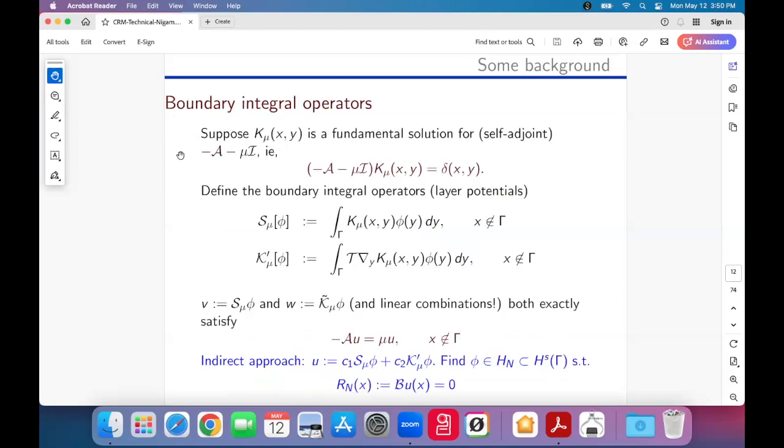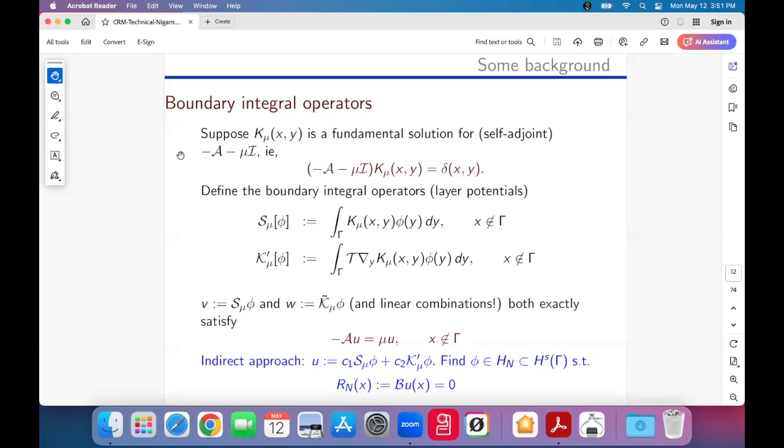So here's a quick refresher about boundary integral operators. I'm not sure if all of you are familiar with this, so I thought I'd go through it a little bit. So suppose you have some elliptic operator A, or minus A, and you have a fundamental solution which you know.